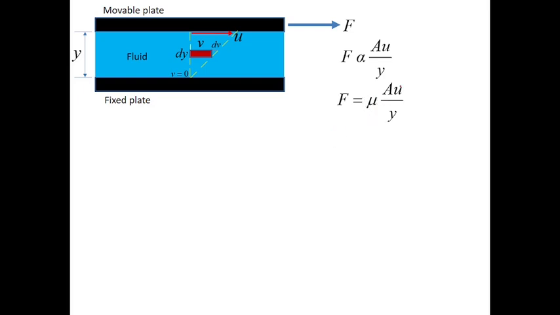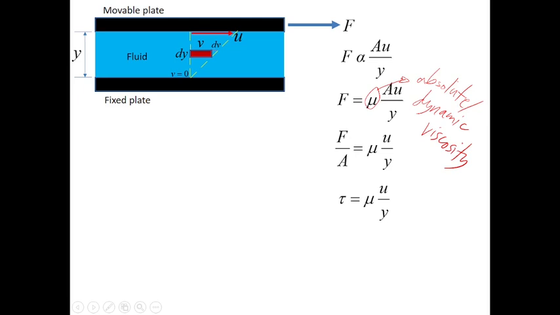So, that is a constant value, mu. And, ang tawag ngayon natin sa mu na yan ay absolute viscosity. Absolute or dynamic viscosity. Yan ay isang constant. No? Constant sa isang fluid. Absolute or dynamic viscosity.